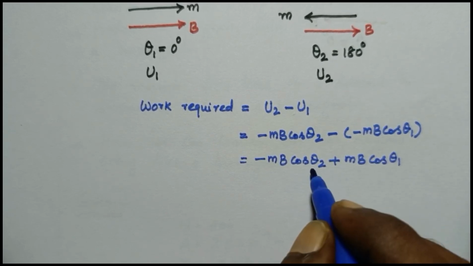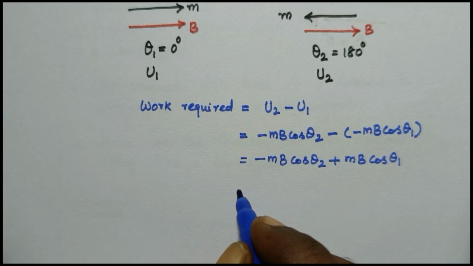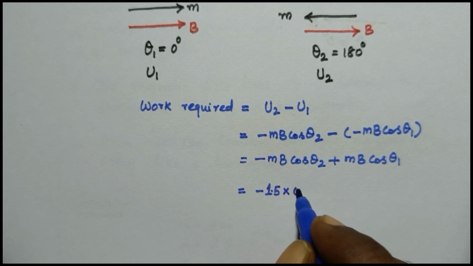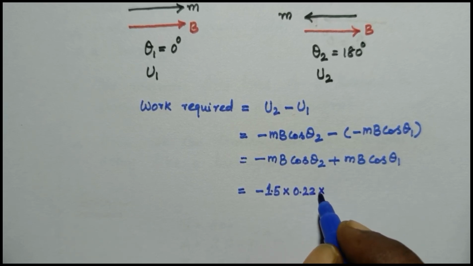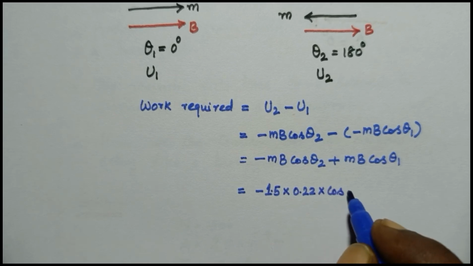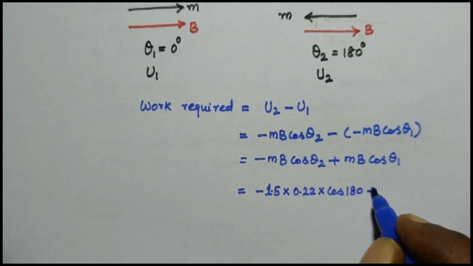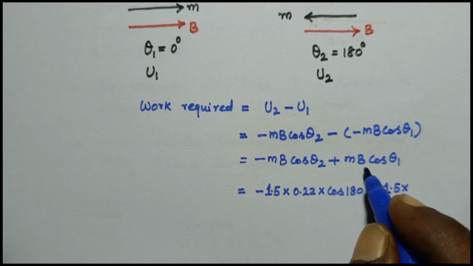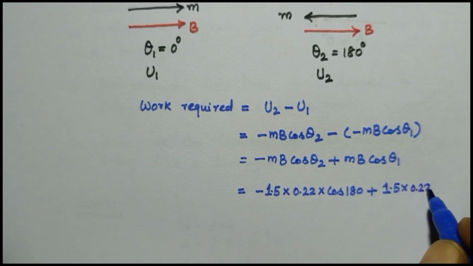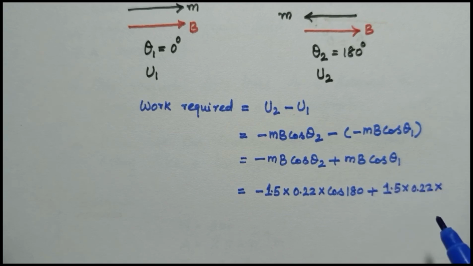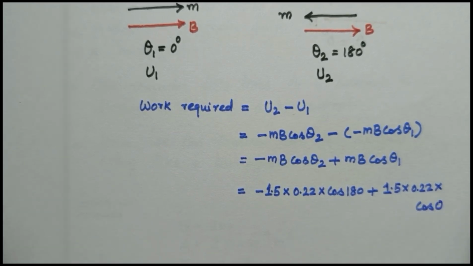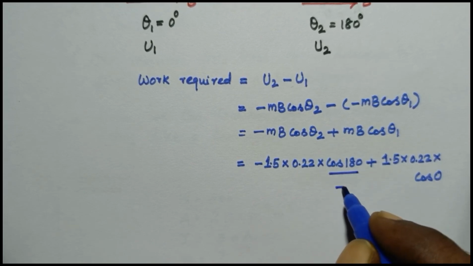We know the value of theta 1, theta 2, m and B. Therefore, this is equal to minus 1.5, this is m, B is 0.22 into cos theta 2 is 180 degree, plus m is 1.5 into B is 0.22 into cos theta 1 is 0 degree. Cos 180 is minus 1.